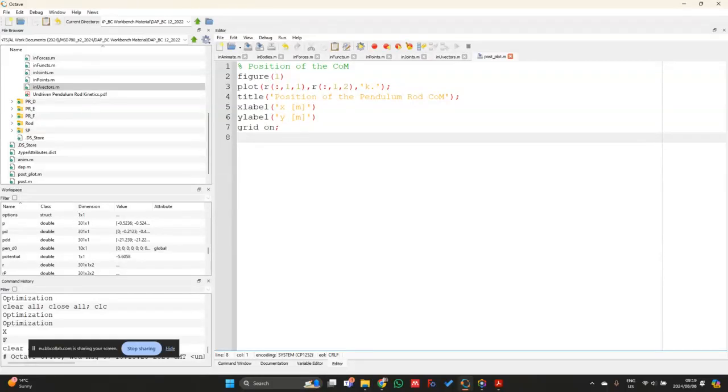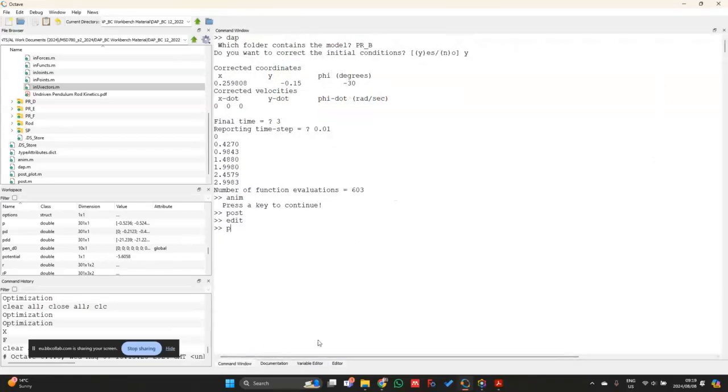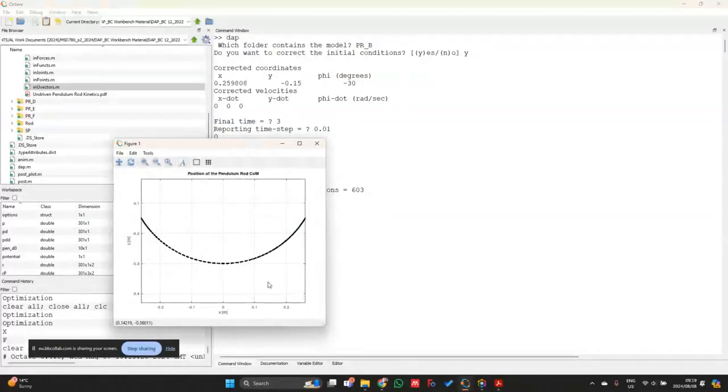And just to make it a bit easier to visualize, I can also say axis equal. Okay, so once I've done all of that, I can just go and run this one. So I'm just going to say over here post plot. Okay, and this is then the plot that I'm going to get for the center of mass.